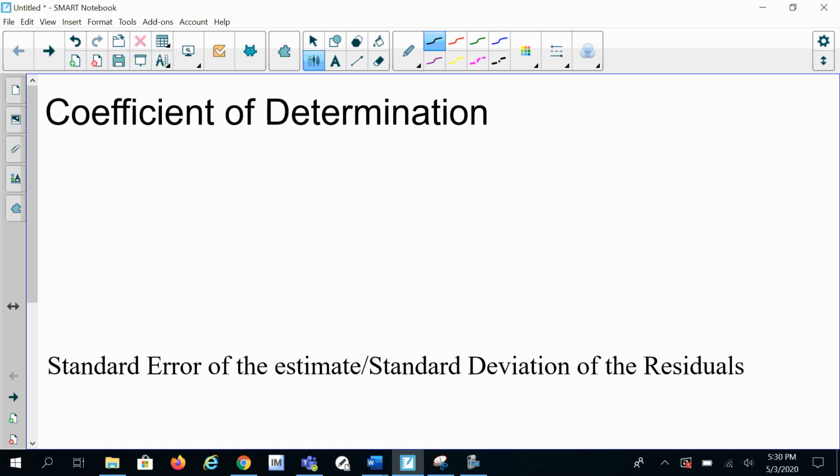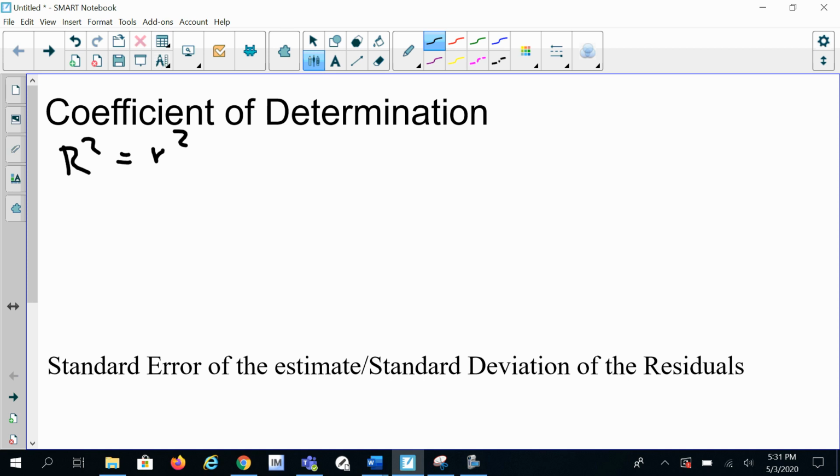The coefficient of determination is symbolized as R squared. Notice the capital R, that's just what usually people do. But that's the symbol for it. And ironically enough, it is actually equal to little r squared.